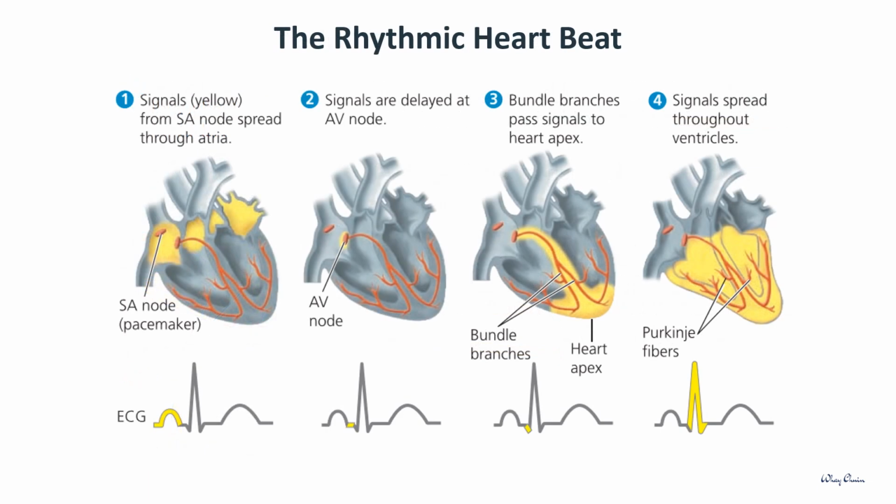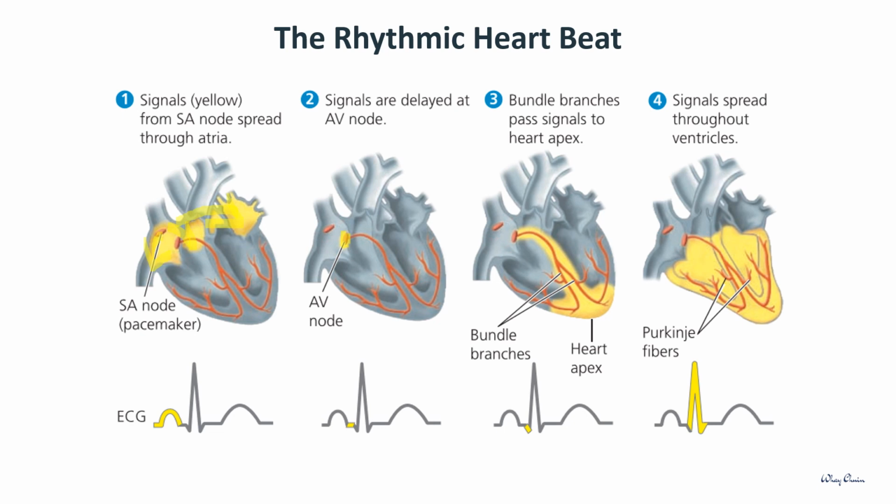So the heartbeat can occur repeatedly but within limits. It is initiated by the signal produced at the SA node, which is able to produce a wave of contraction to both atria. And the impulse will be delayed at the AV node for 0.1 second to make sure the blood empties fully into the ventricles.